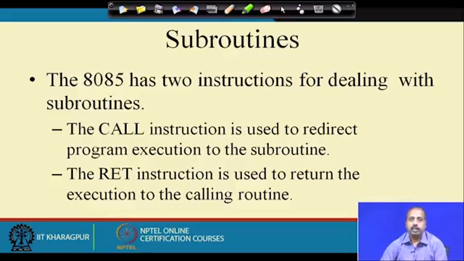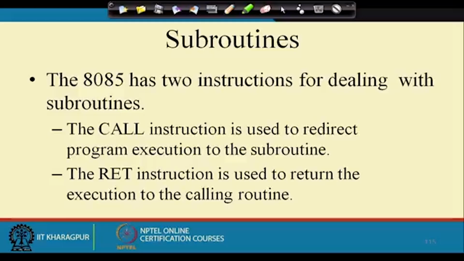And the return instruction is used for returning from the subroutine. When the subroutine ends, it will end with a return instruction, or RET. On getting this RET instruction, the processor will pop out from the stack the two topmost entries, and it will put those values into PC low and PC high, those two registers. So, PC will now have the return address.